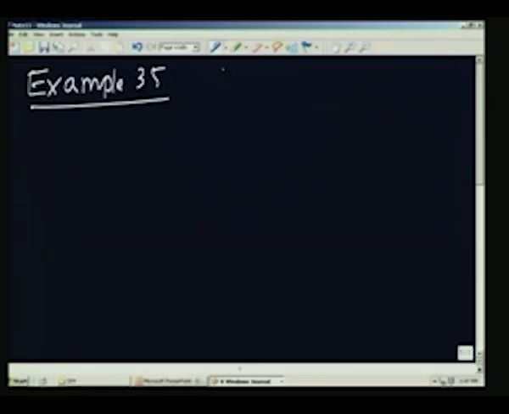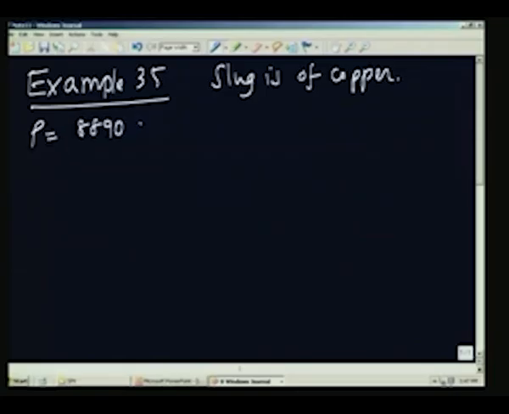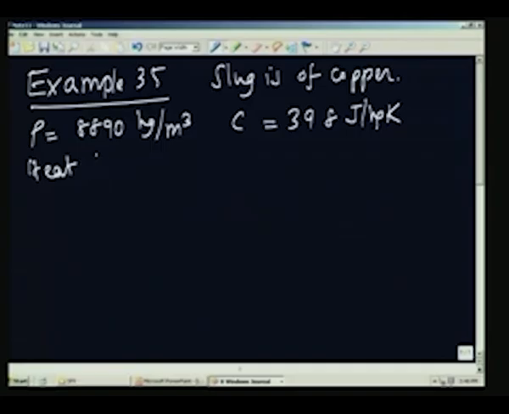This is the material, the slug is of copper, and copper properties can be taken from a handbook. The density is 8890 kilogram per cubic meter, and the specific heat is 398 joules per kilogram Kelvin, and the heat flux is given in the problem as Q equal to 10,000 watts per square meter.